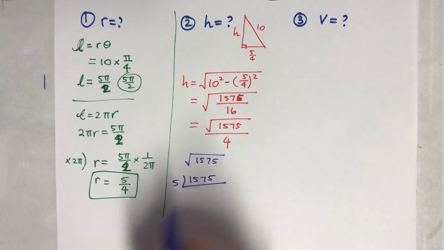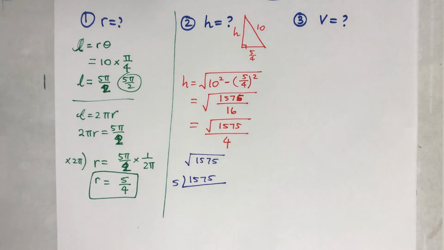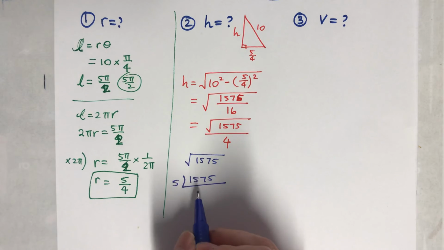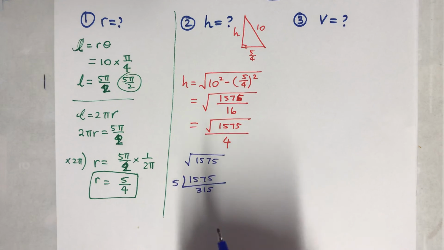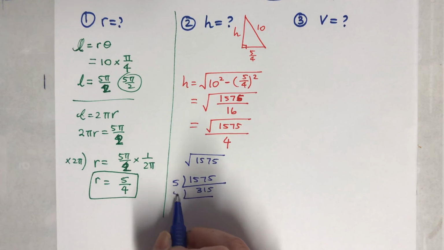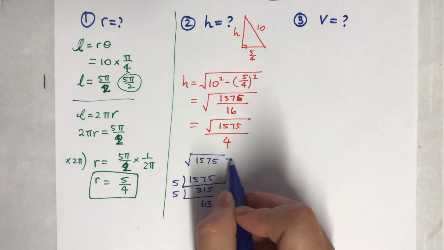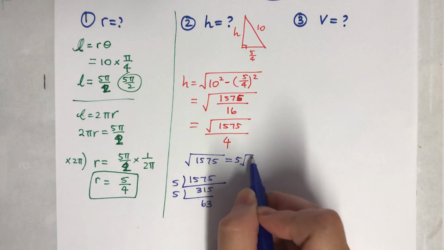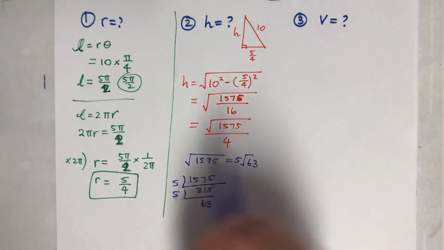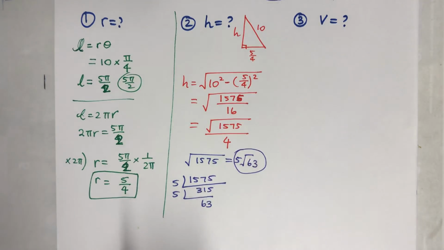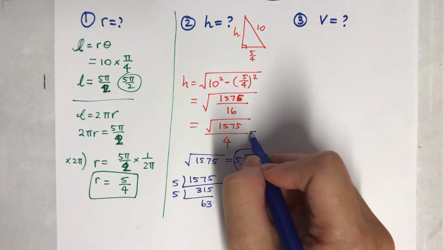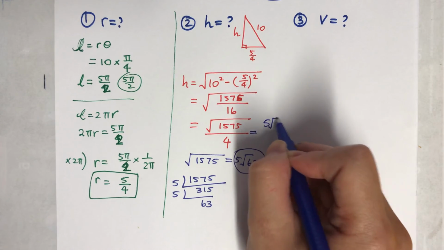If you divide by 5, the prime numbers on the side here, you will get 315, divided by 5 because it finishes with 5. It has to be a factor of 5. And I'm going to do 5 again. I'll get 63. So that equals 5√63.